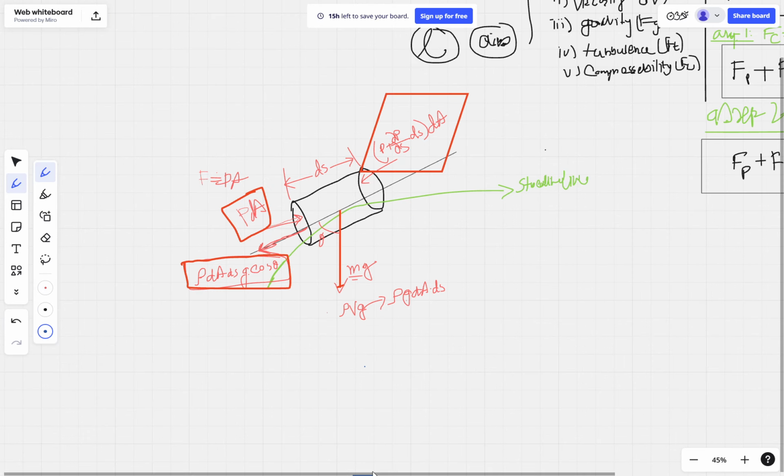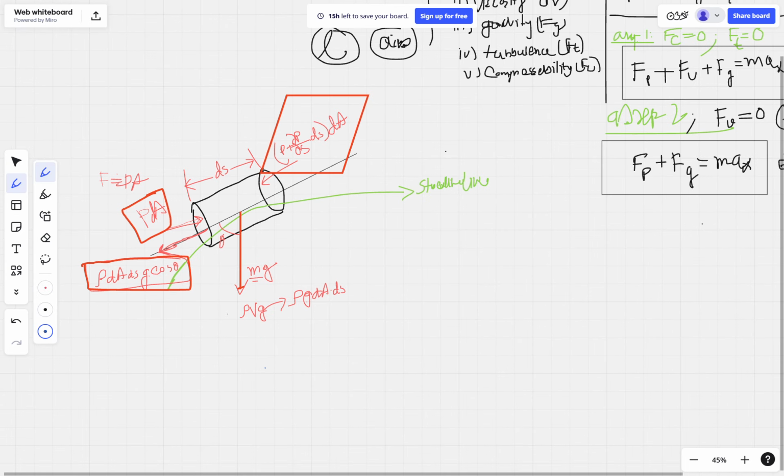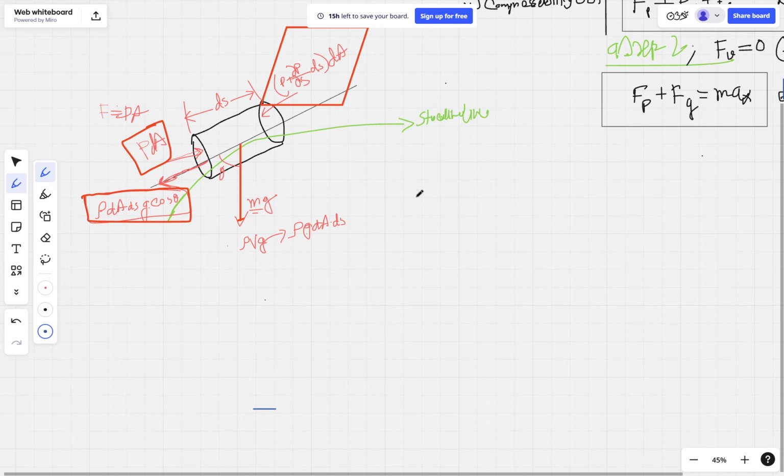Okay, so now, if we want to write the equation, the equation will be p dA minus p plus dp by ds multiplied by ds into dA, minus rho g dA ds cos theta, okay, so it will be equal to ma.